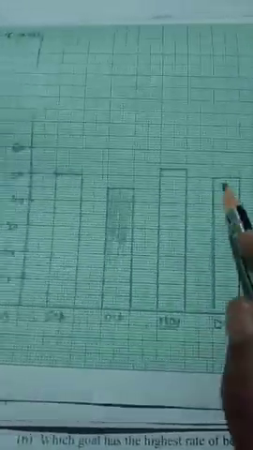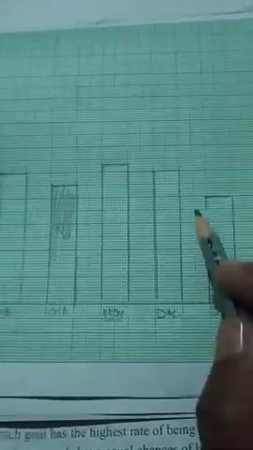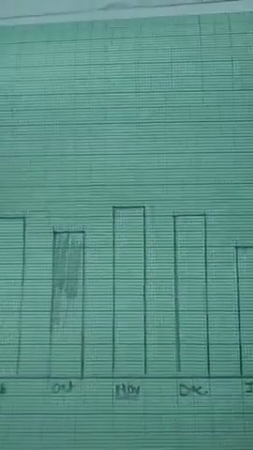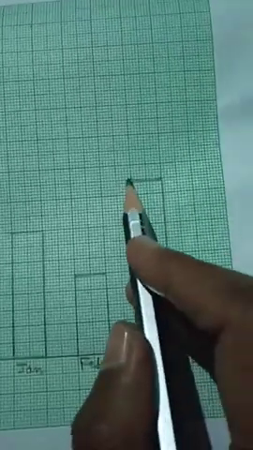Now in the month of December, 50, in the month of January, 40, and in the month of February it is 25. So between 20 and 30, it will be here, 25. And in the month of March it will go up to the height of 55. Got it? In this manner, you can draw the graph of question number 2.